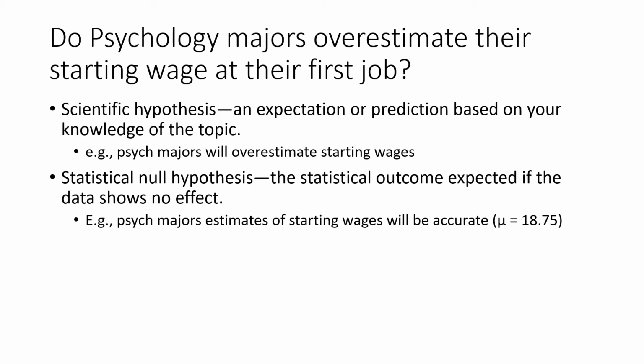So you would expect the mean prediction from the population to be accurate. In this case, the actual wage that we're going to use as the population wage for psychology majors is $18.75 an hour. So if they are accurate, you would expect their estimates to be close to that number.